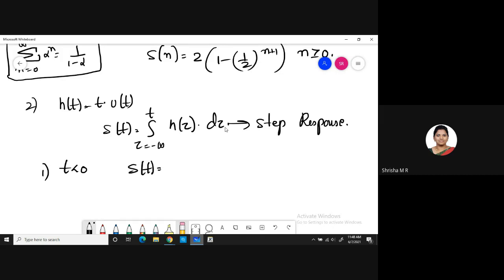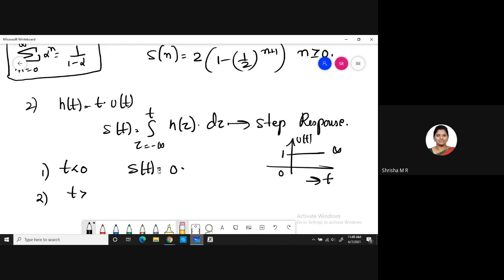They are giving you t into u of t. U of t will exist from 0 to infinity with an amplitude 1, right? So the integration limits would be from 0 to t. If t is less than 0, what happens? s of t will be equal to 0.